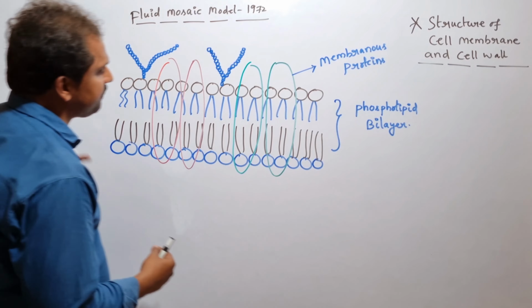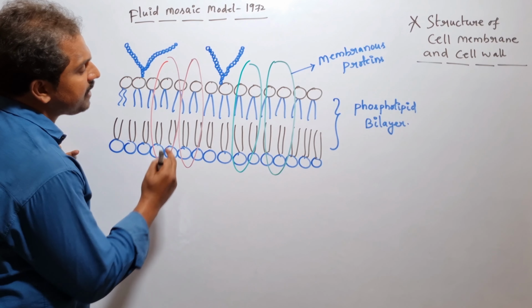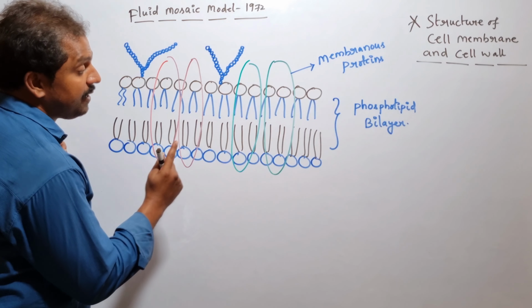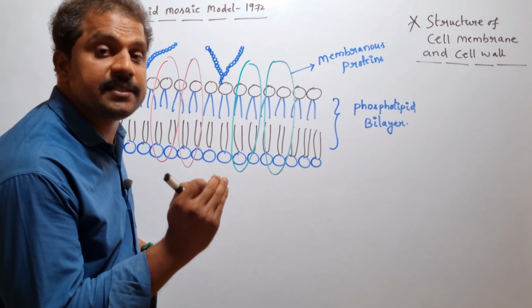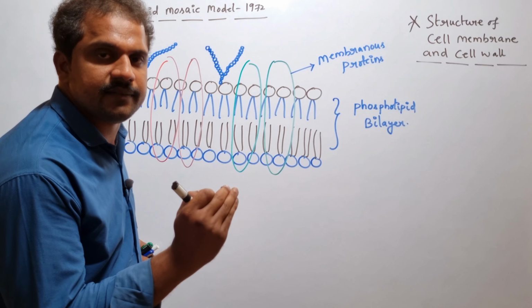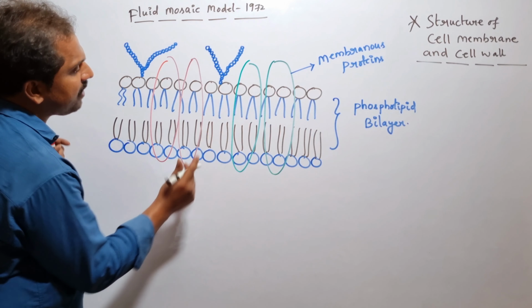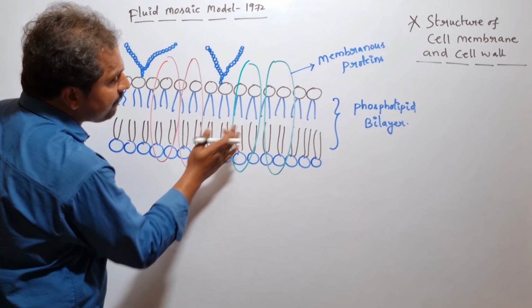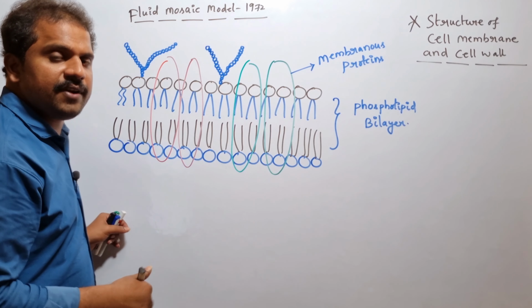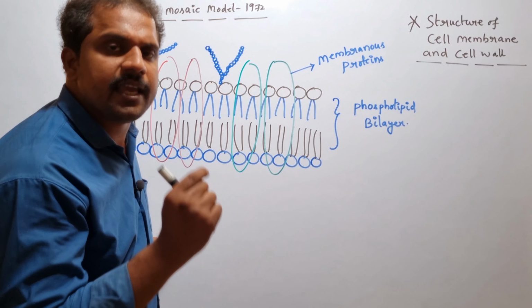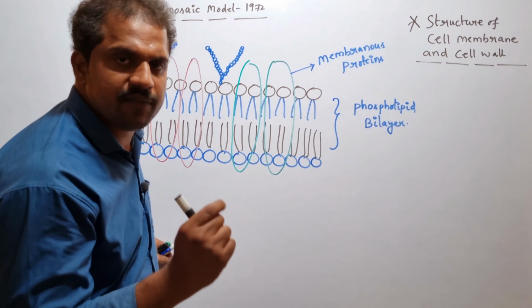The plasma membrane or cell membrane is composed of phospholipids, and the phospholipids are arranged in a bilayer structure. Is it clear? So it is nothing but what? The phospholipid bilayer. Within the phospholipid bilayer, proteins are buried. That is the reason why, according to Singer and Nicholson, proteins are the icebergs in the ocean of lipids.